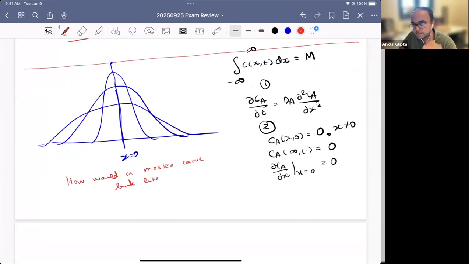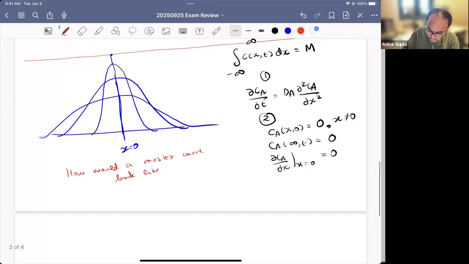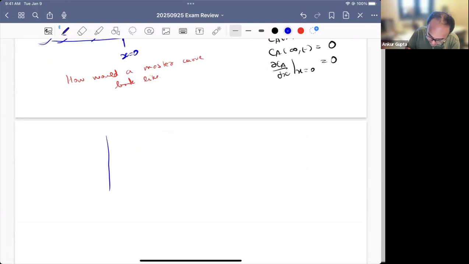In this problem, my concentration at x equal to 0 is dropping over time, right? It's going down and down and down. Whereas my spread on the x-axis is increasing over time. So technically, I would compress the x-axis and stretch the y-axis with time, because I want to find a master curve.